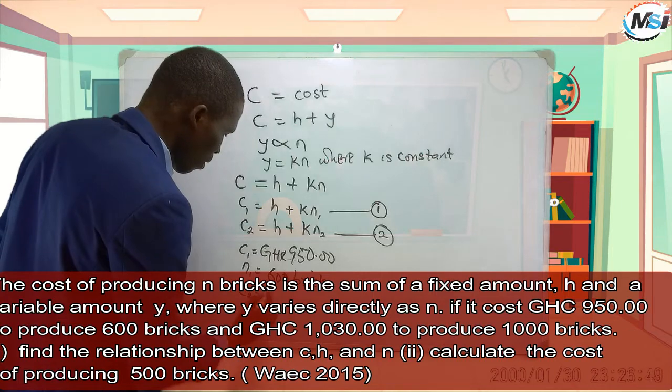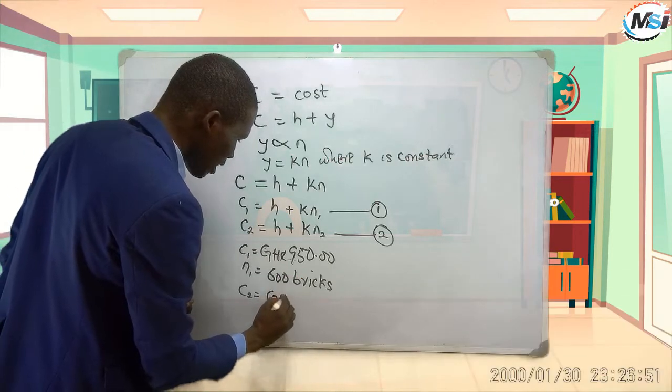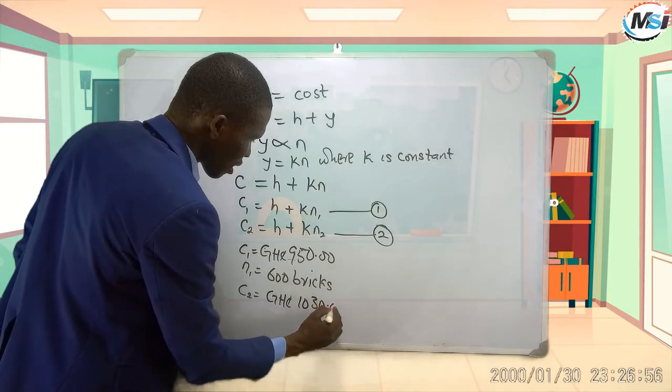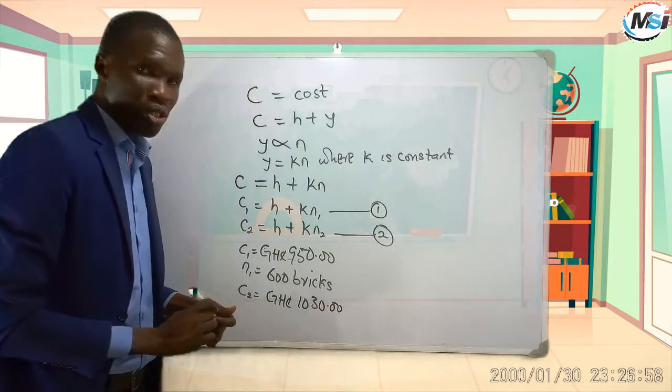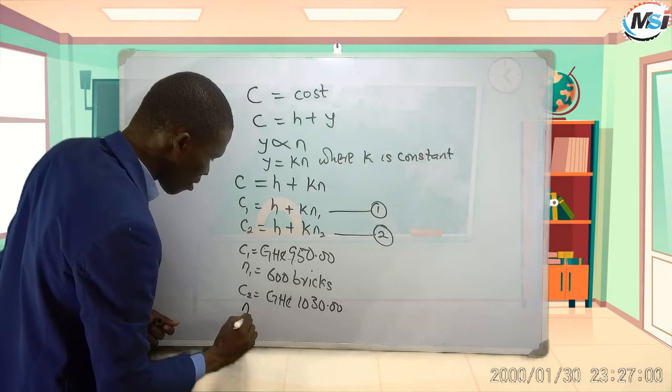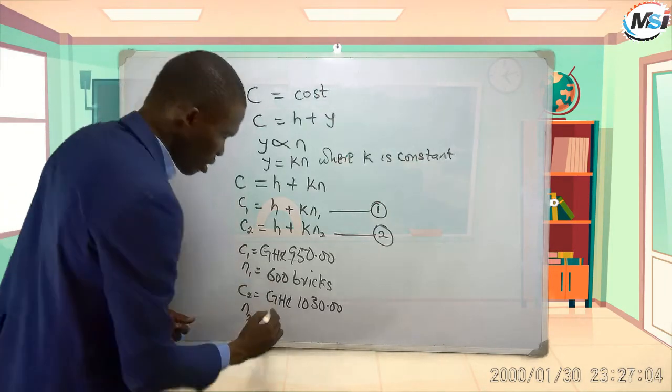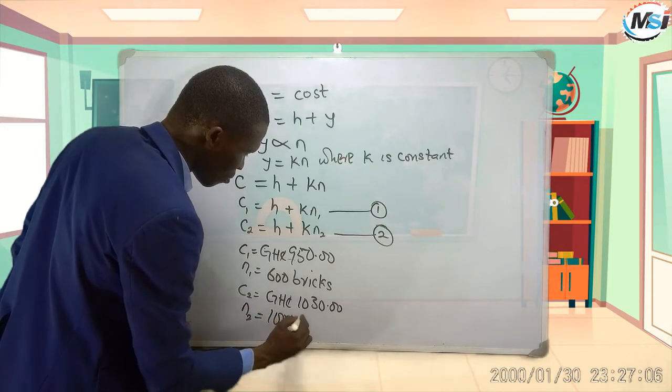So C2 will give us 1030 Ghana cedis, and N2 will give us 1000 bricks.